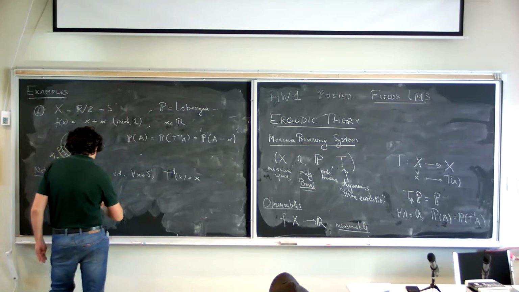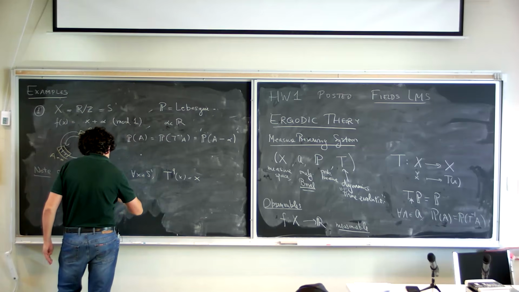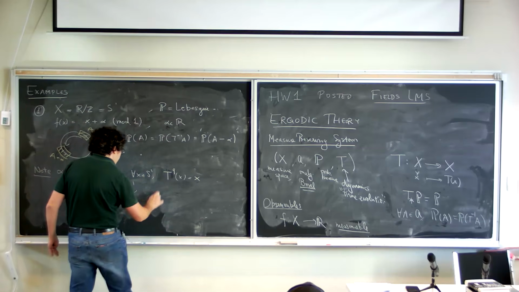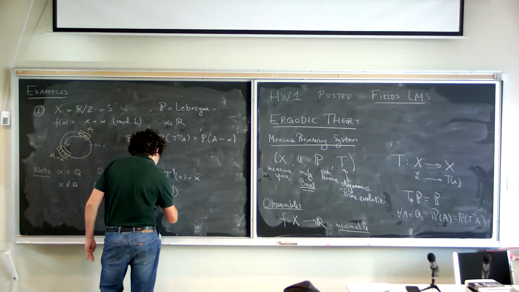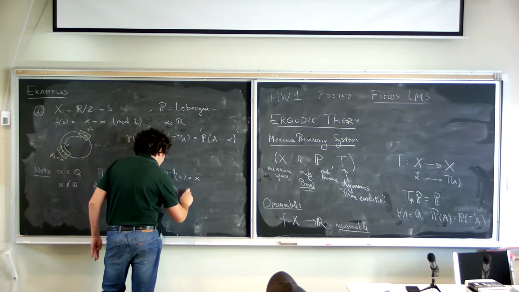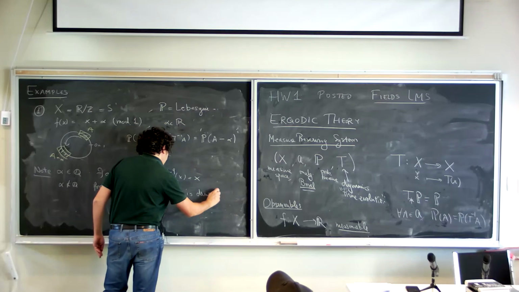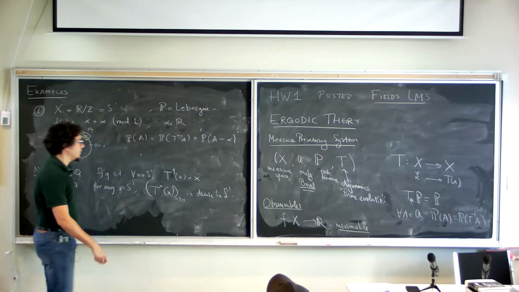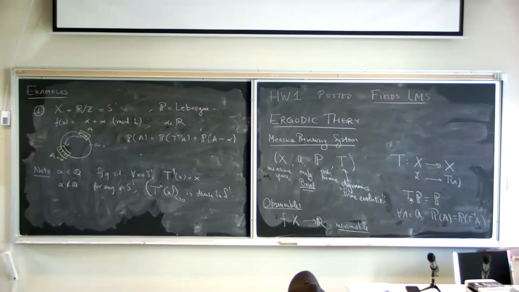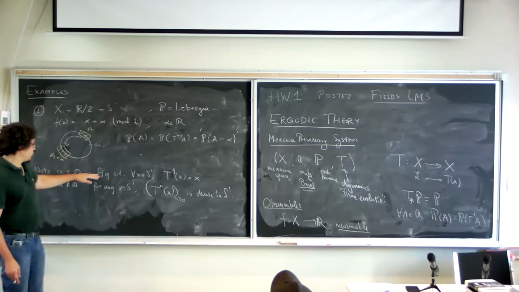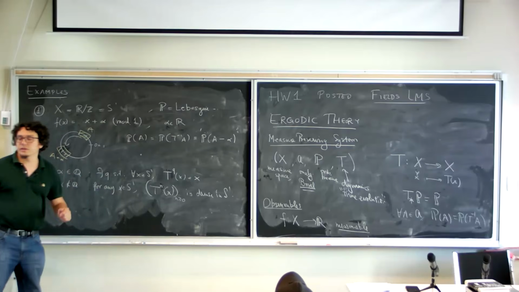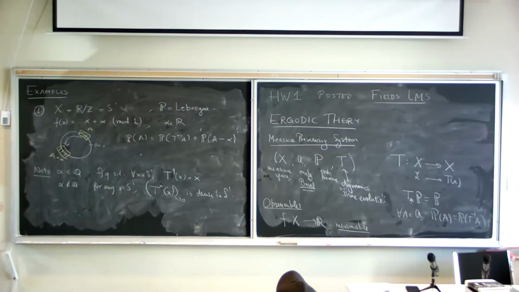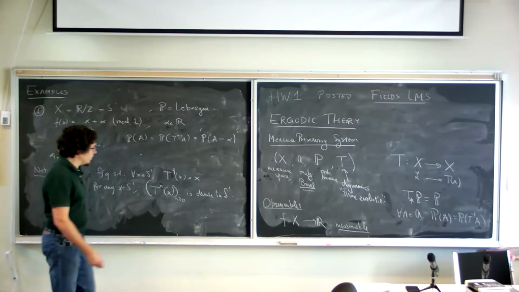In fact, for any x in S1, the orbit T^n of x, for n, is dense in S1. But at least from the point of view of being measure preserving, they're both the same, even though dynamically they're pretty different from each other. They are both preserving the Lebesgue measure.